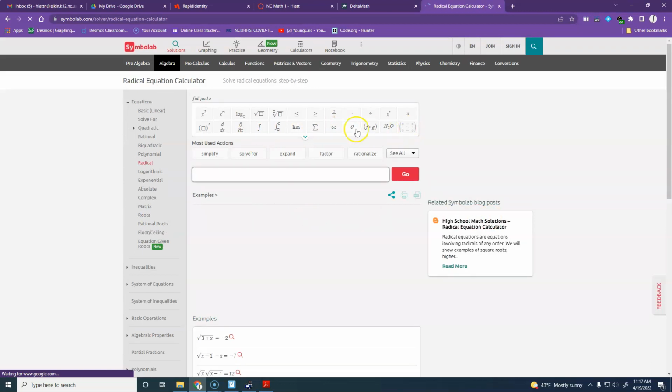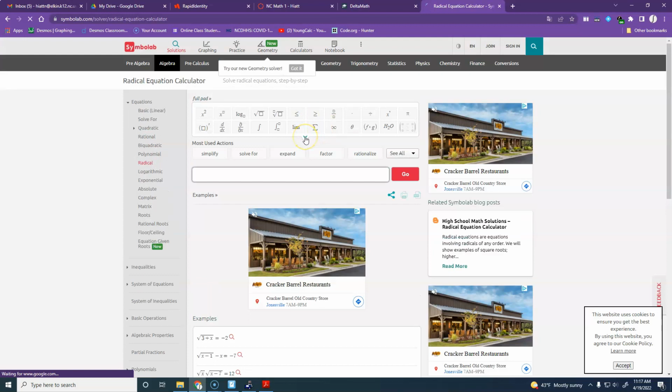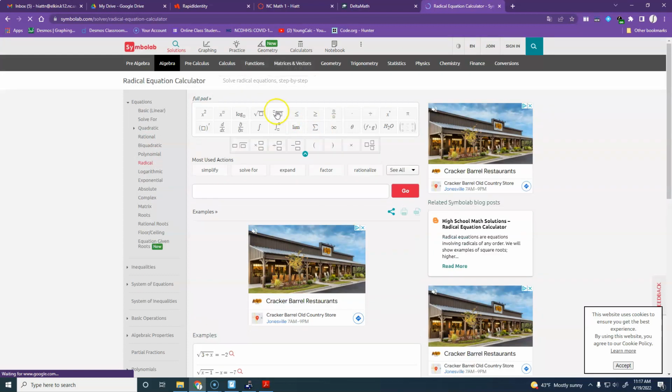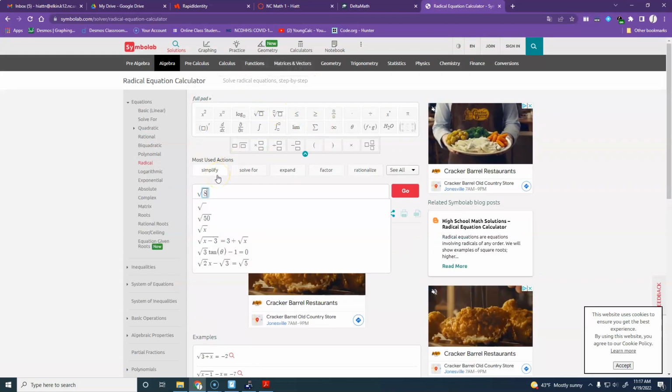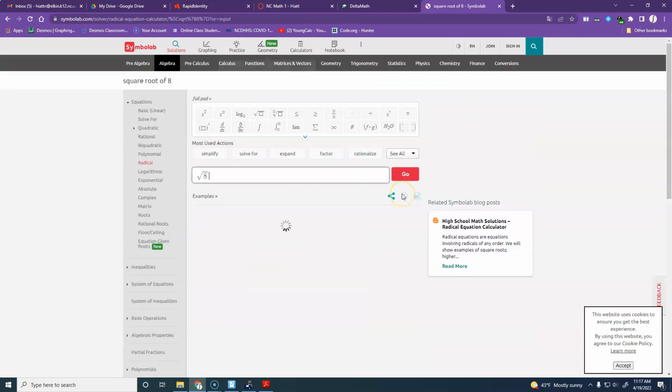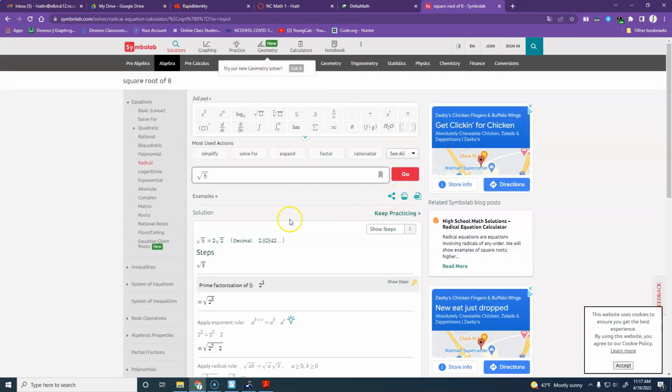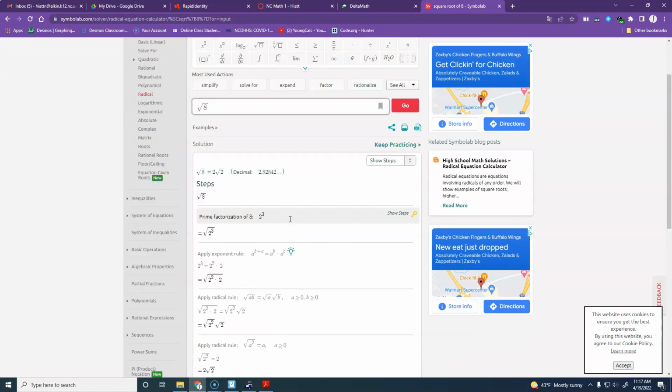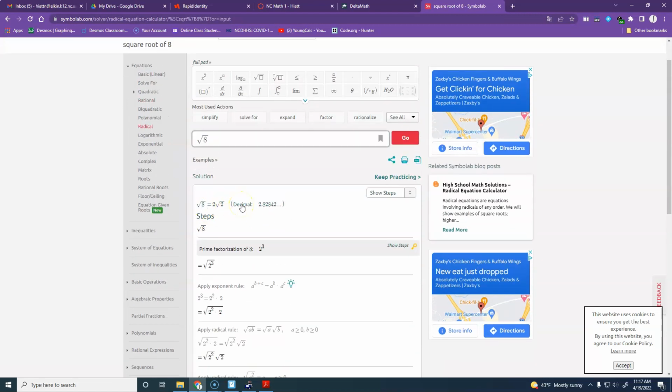Let's see if this works. Here's square root 8. Go. Alright, so there's a couple things that you can do. I bet it will also work.